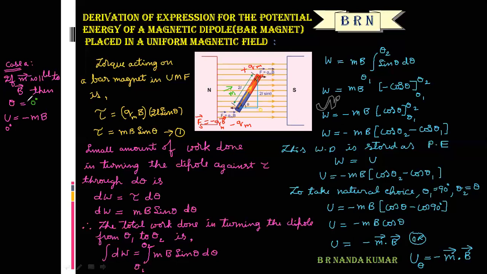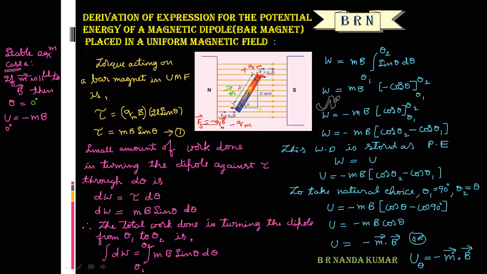So in this case, the potential energy of magnetic dipole is minimum, and this position of the bar magnet is called the position of stable equilibrium, and in this case the potential energy of the magnetic dipole is minimum and negative.